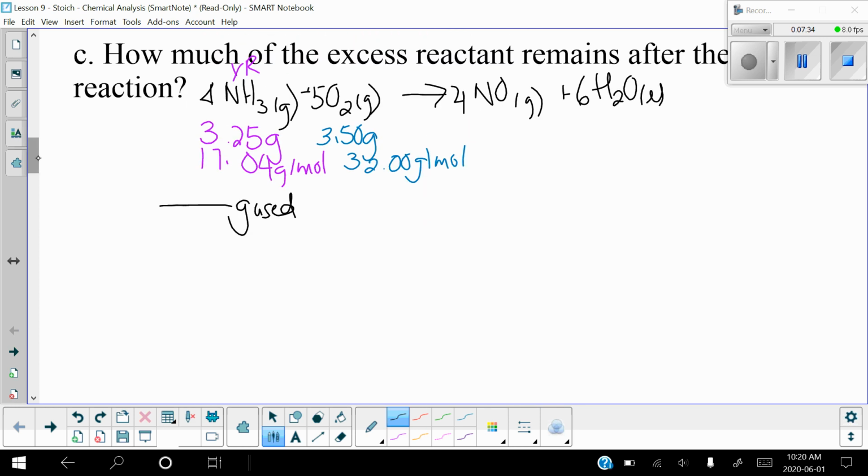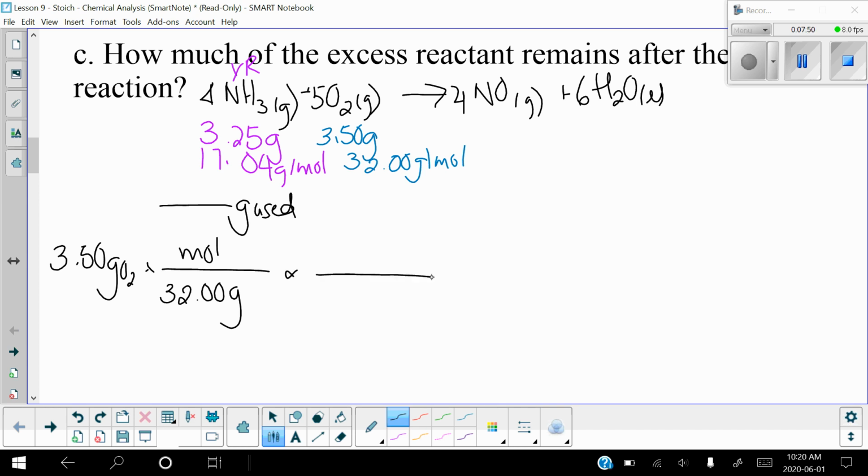So you're going to start off with your limiting reagent, 3.5 grams of oxygen, 32 grams per mole. Then you're going to use your mole ratio, 5 moles of oxygen, 4 moles of ammonia.